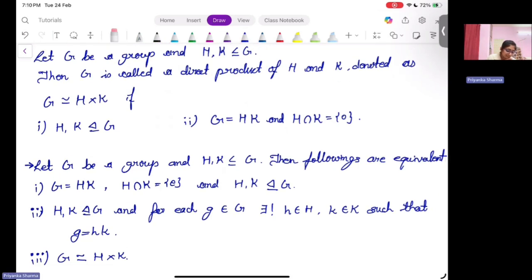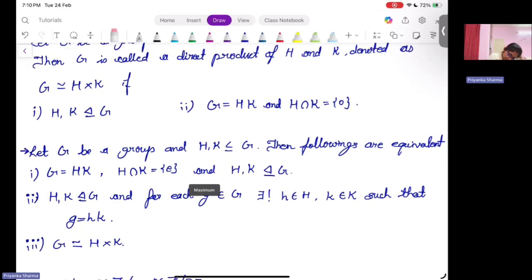In set theory, disjoint means they don't have any common element. But in group theory, disjoint groups means those groups which have only the identity element in common. Disjoint subgroups actually.